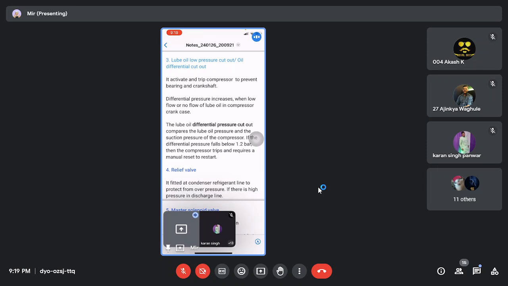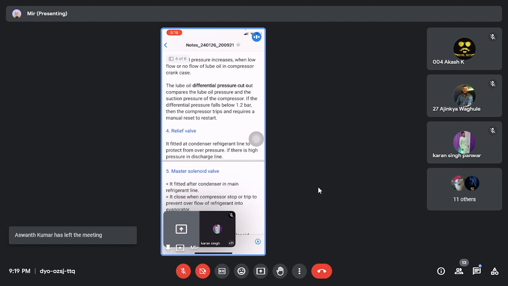As we know, we need lube oil for lubrication purposes, as there is a piston inside the compressor. If the lube oil is low or there is no flow of lube oil, it will cause friction or damage to the piston components, bearing and crankshaft. So this low pressure cutout is there for that. So what is lube oil low pressure?